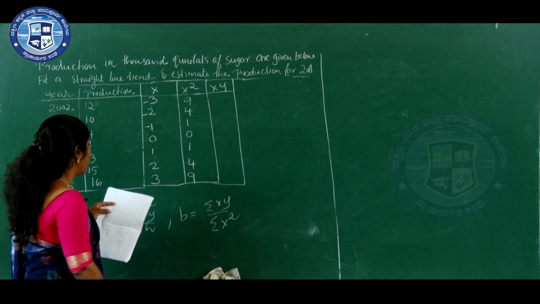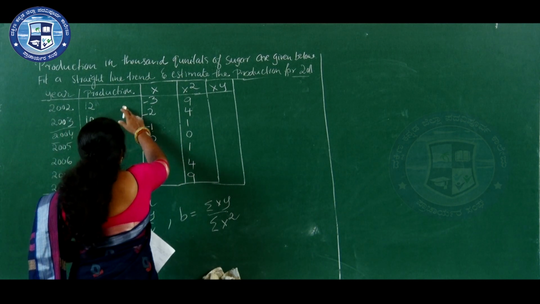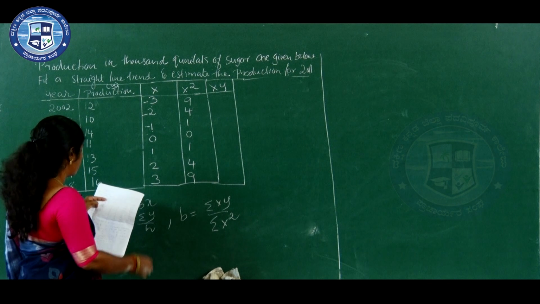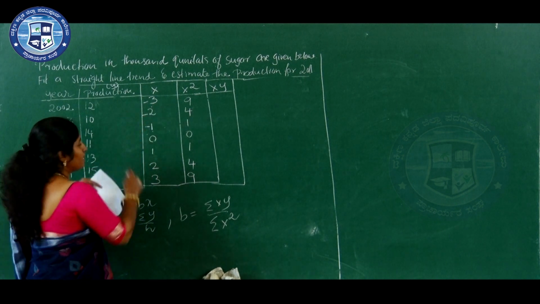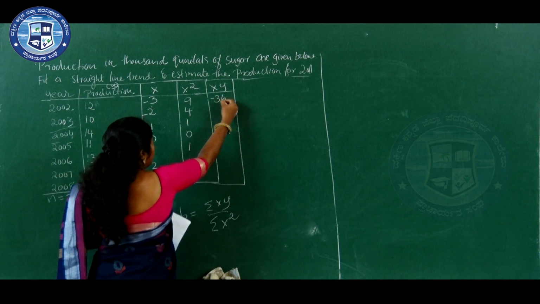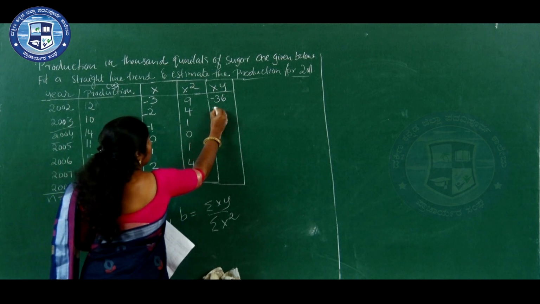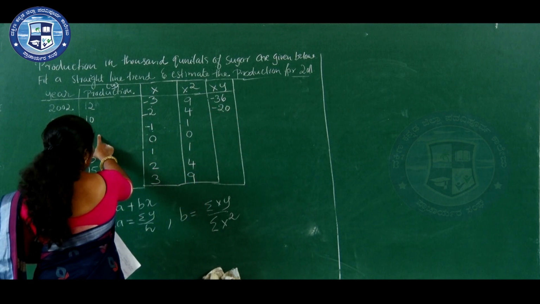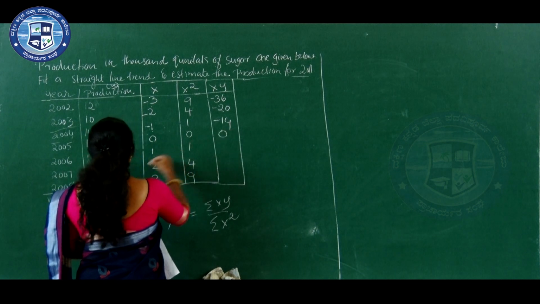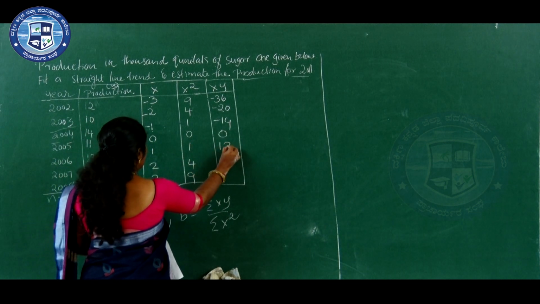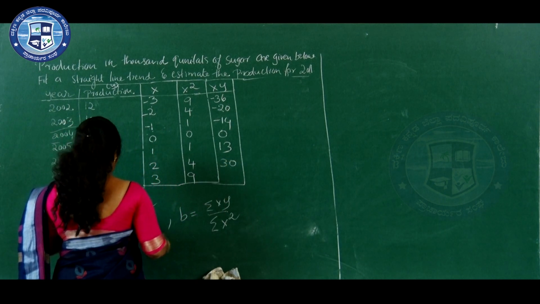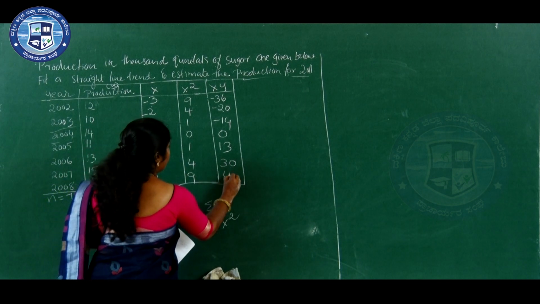Now find xy, where y is the actual value, that is production. 12 into minus 3 is minus 36, 10 into minus 2 is minus 20, 14 into minus 1 is minus 14, 11 into 0 is 0, 13 into 1 is 13, 15 into 2 is 30, and last, 16 into 3 is 48.